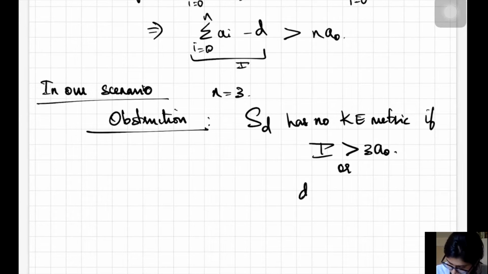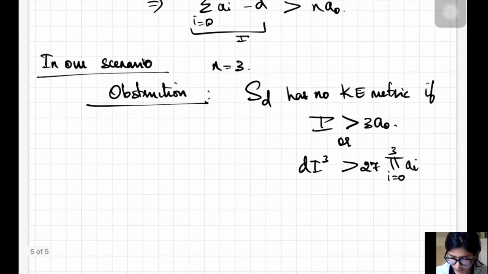Or the other one, d I cubed being greater than 27 times the product of the weights. So we have this obstruction, which you can use to show that a few hypersurfaces don't have the Kahler-Einstein metric.